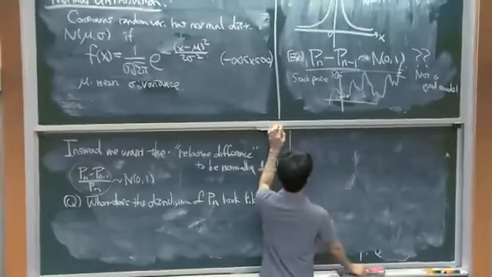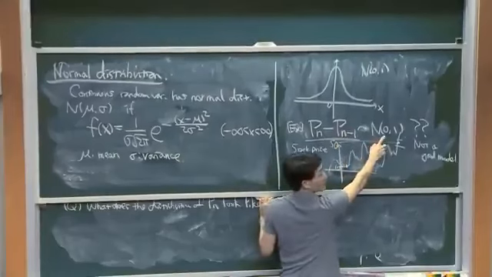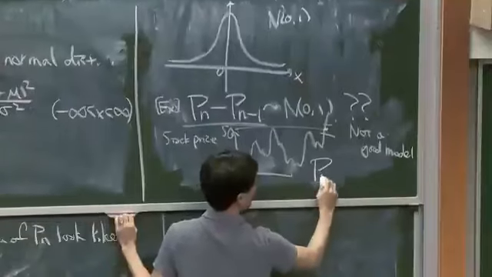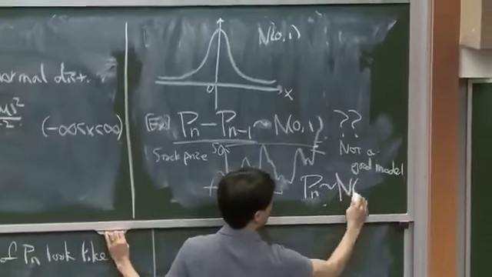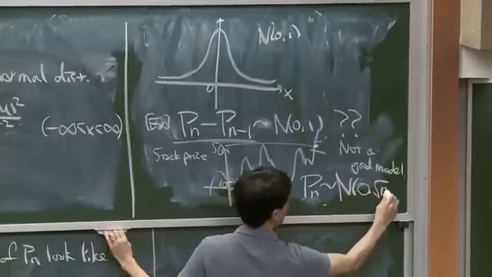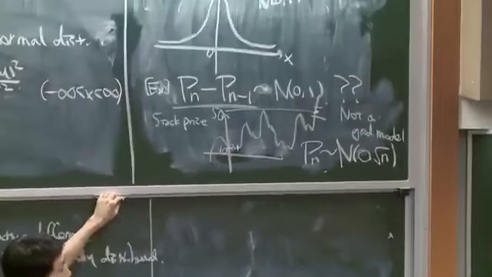So one thing I should mention is, in this case, if each increment is normally distributed, then the price at day n will still be a normal random variable distributed like that. Okay?